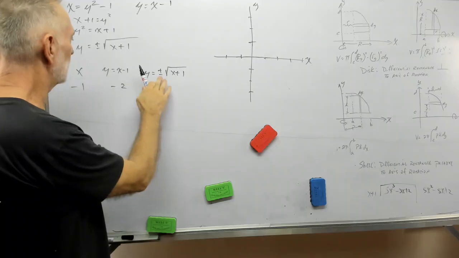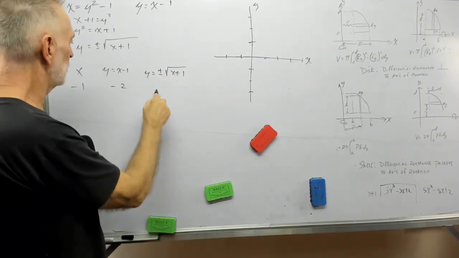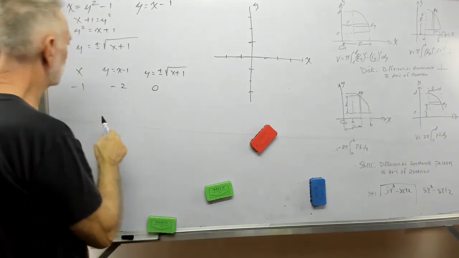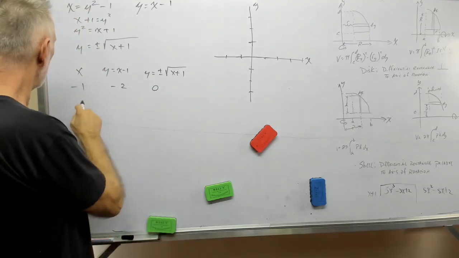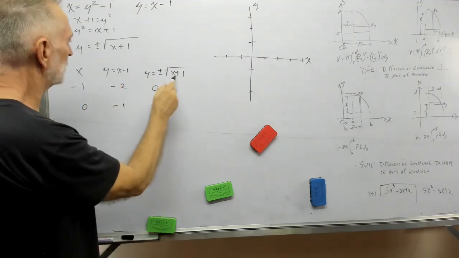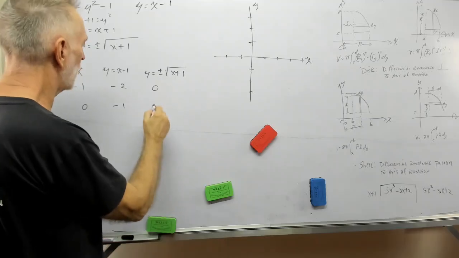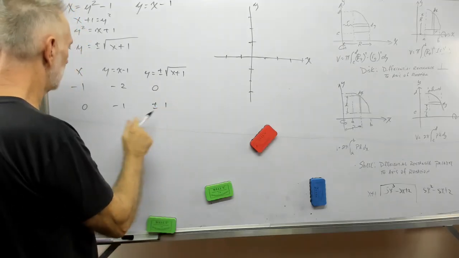Now negative 1 plus 1 is 0. So let's go with 0. 0 minus 1 is negative 1. 0 plus 1 is 1. The square root of 1 is plus or minus 1.